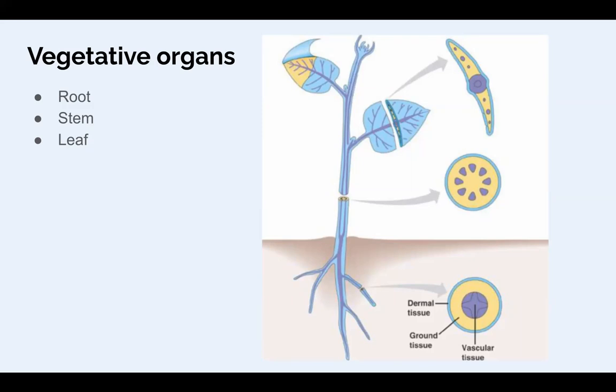Plants have three kinds of vegetative organs. A nice break from human anatomy and physiology, with lots of different organs in the human body. In plants, we simplify it way down into three kinds of organs: roots, stems, and leaves. Those are the vegetative organs of a plant.